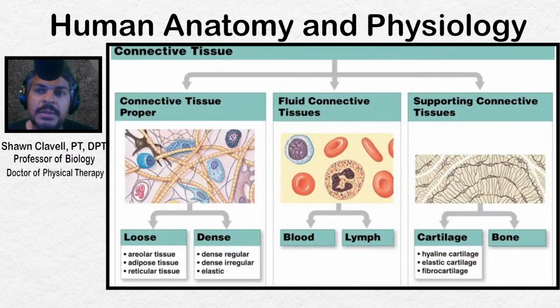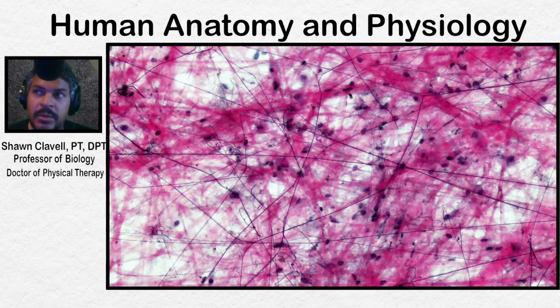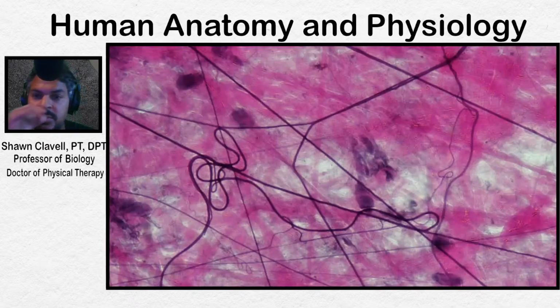So yeah, that's the list there, right? So whether it is areolar tissue that looks here, this is areolar connective tissue. If we zoom in a little bit more, you can see all of those fibers and fibroblasts associated with that. There's another zoom in there. This again, areolar connective tissue.